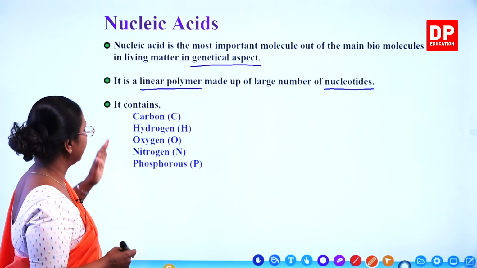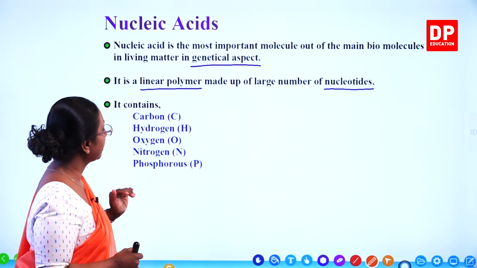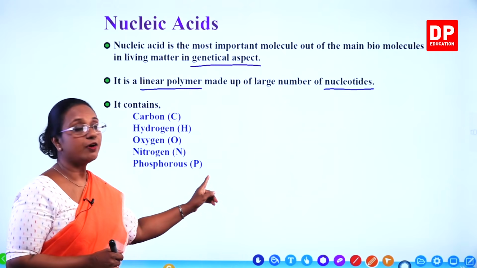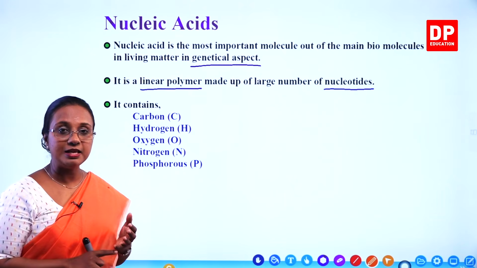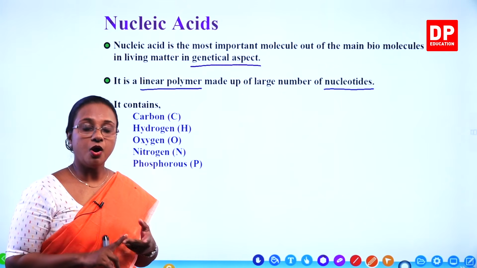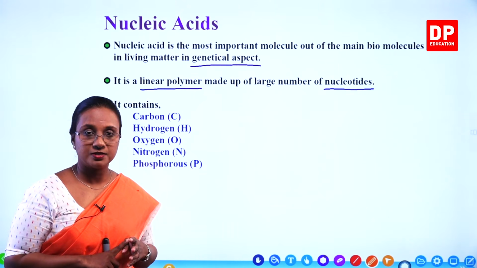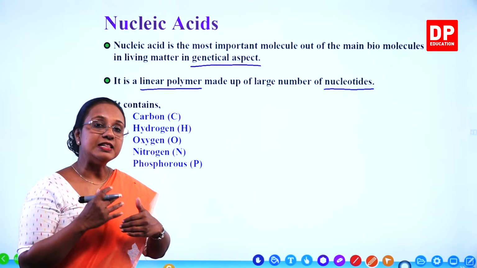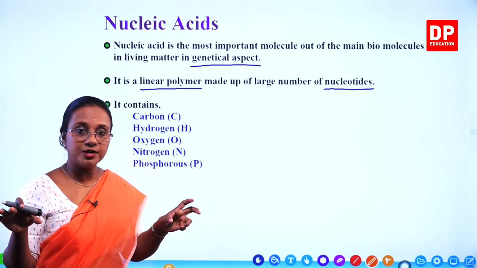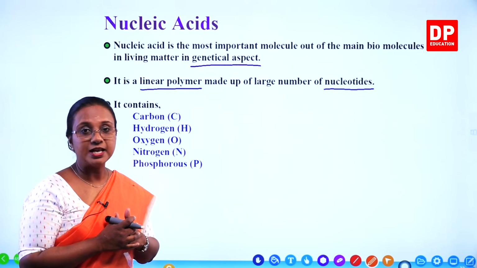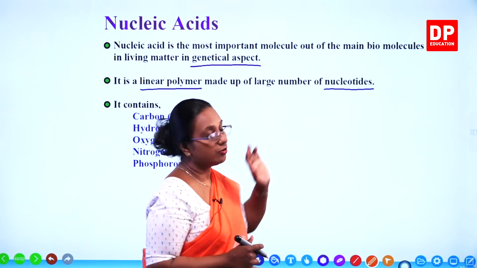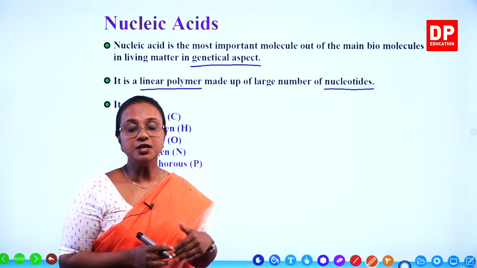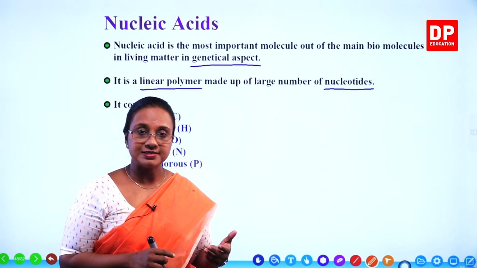And in nucleic acids, there is carbon, hydrogen, oxygen, nitrogen and phosphorus. So, there are 5 elements: carbon, hydrogen, oxygen, nitrogen and phosphorus. These 5 elements combine in different ways and they form 3 different components. Those 3 components combine together and form the nucleotides. Then these nucleotides form the large polymer structure which is called the nucleic acid.